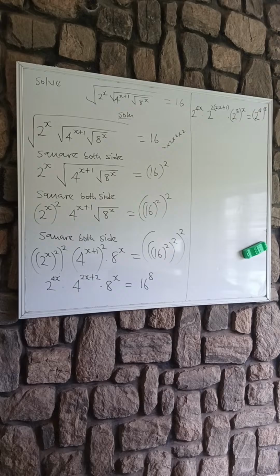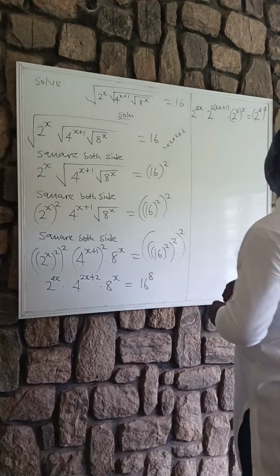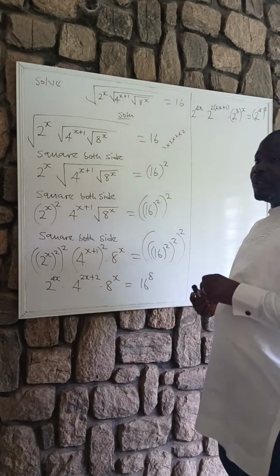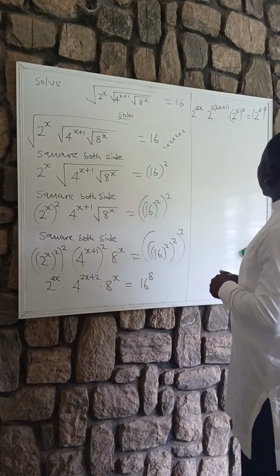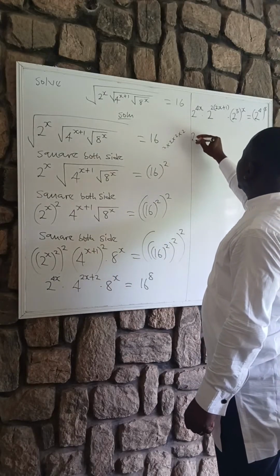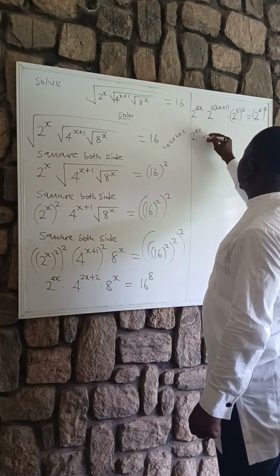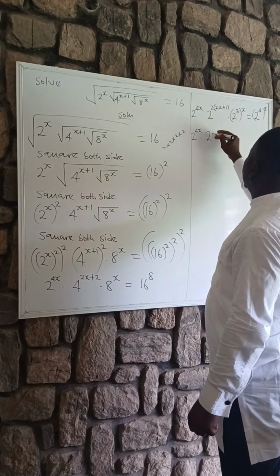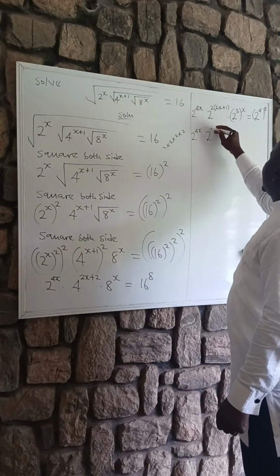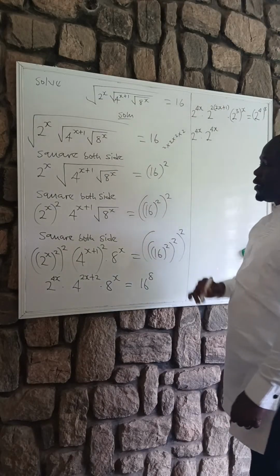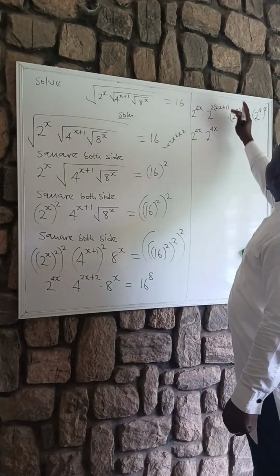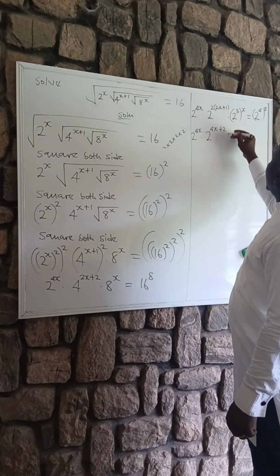Let's look at it together. So here we have 2 raised to the power of 4x times 2 raised to the power of, use this 2 to multiply this bracket, 2 times 2x, and we are going to have 4x, true or false. Then 2 times 1 plus 2.